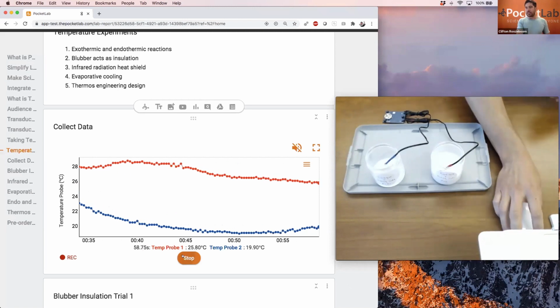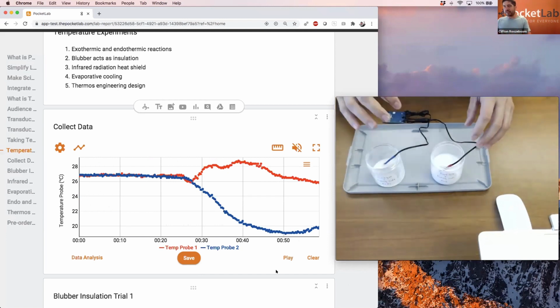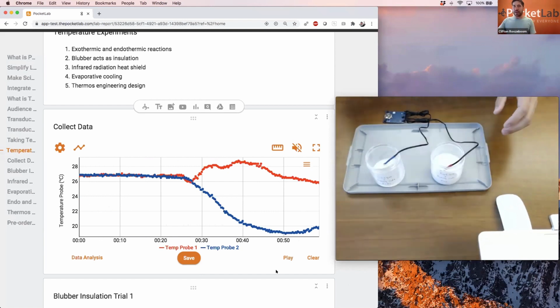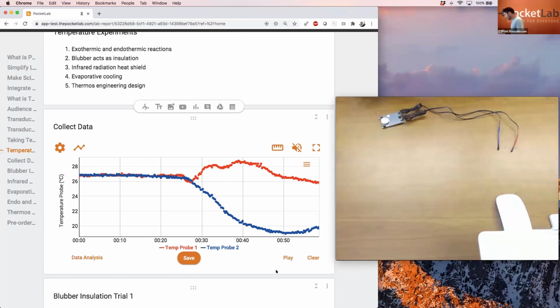And so we can stop our data recording here, and you can see the data. And on the exothermic reaction, the temperature then decreases as those bubbles evaporate, and the reaction continues. So you get a spike, and then it comes back down to room temperature. Okay, so I'm going to move on from that.